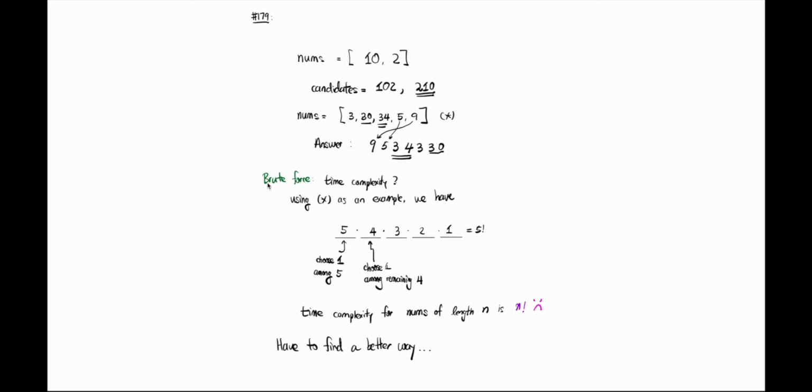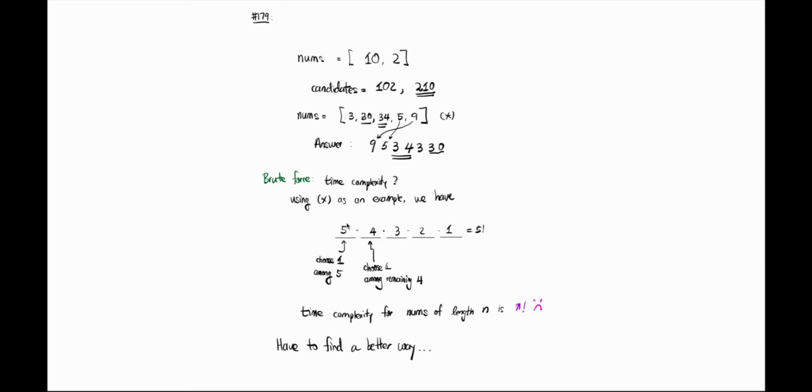Well, the first approach will be brute force, but what is the time complexity for this brute force? Let's use this example. We have 5 numbers in an array. We have 5 slots to fill, and for the first slot we can choose 1 out of 5.